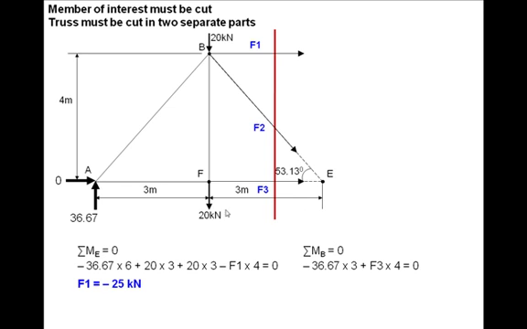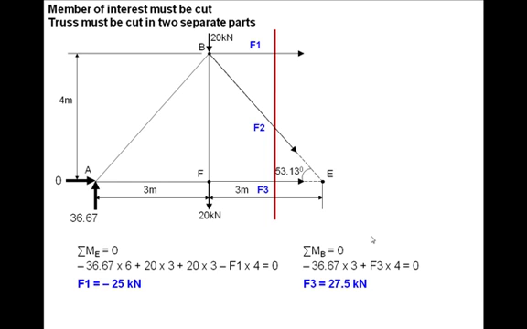It will be 36.67 into 3, I am taking moments about B, and it is clockwise, plus F3 into 4 anti-clockwise equal to 0, and I get my F3 straight away.